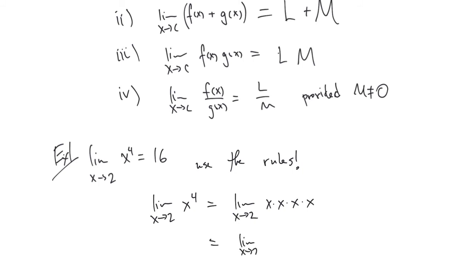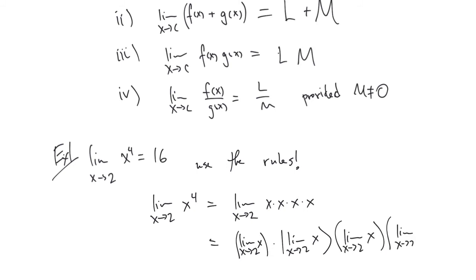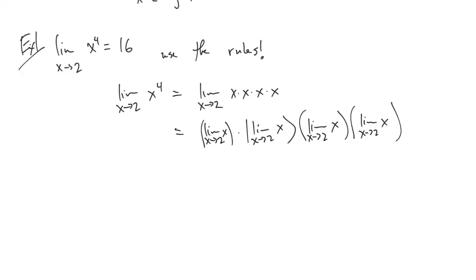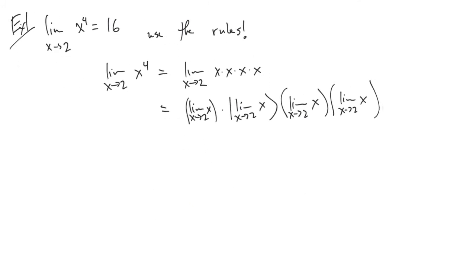So this is the same as the limit as x goes to 2 of x times the limit as x goes to 2 of x, and there are going to be 4 of these. And then what are each of those? What is the limit as x goes to 2 of x? It is 2 times 2 times 2 times 2.